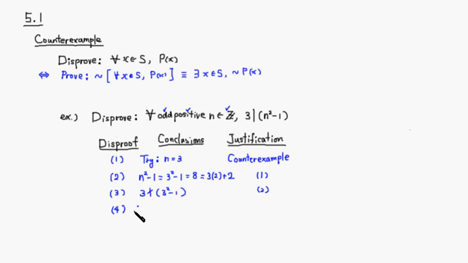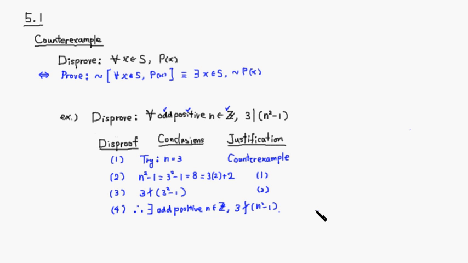So therefore, there exists some odd positive integer n, namely in this case 3, such that 3 does not divide n squared minus 1.